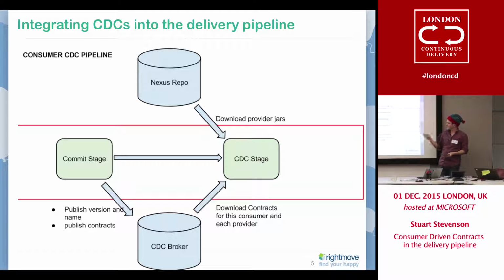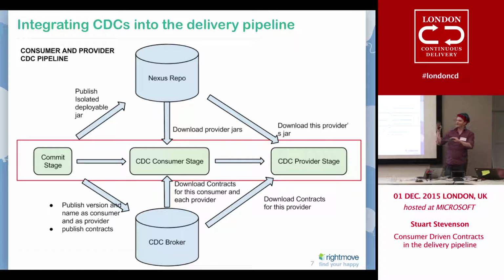So it's a little bit more complicated. Notice it's slightly different. By doing this process, we realized that if you have a service that is both a consumer and a provider, they're two mutually exclusive workflows, which made life easy. It helped us realize that we weren't going to have to write any custom logic or custom workflows into our pipeline, so they could just chop and change and run in whatever order they wanted to.